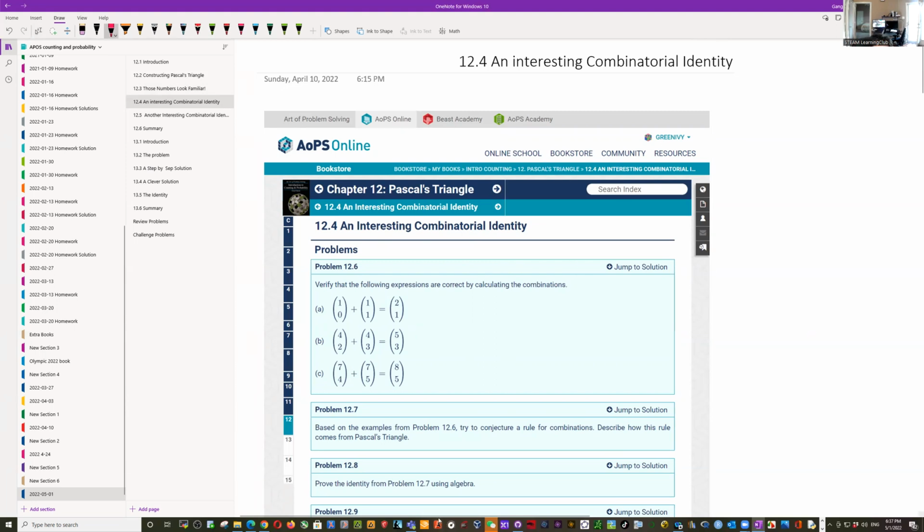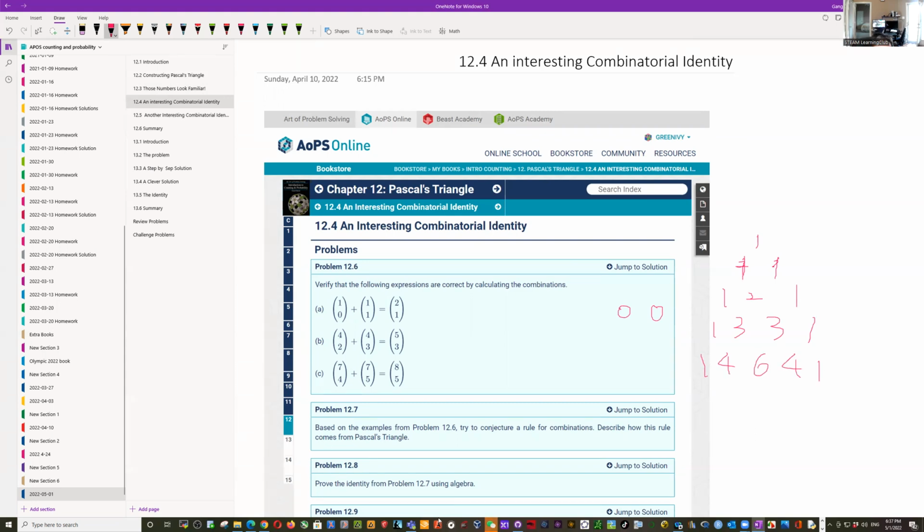Then today we are going to go through several interesting identities related to Pascal's triangle. On any node, for example, 1, 2, 1; 1, 3, 3, 1; 1, 4, 6, 4, 1.